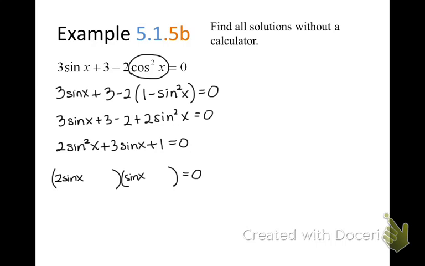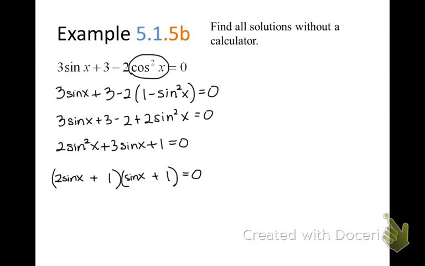It's basically like regular old factoring, except instead of just using x for your variable, you're using sine of x. What do my last two numbers have to be? 1 and 1 to multiply to 1. What are my signs to add to 3? Plus and plus, right?